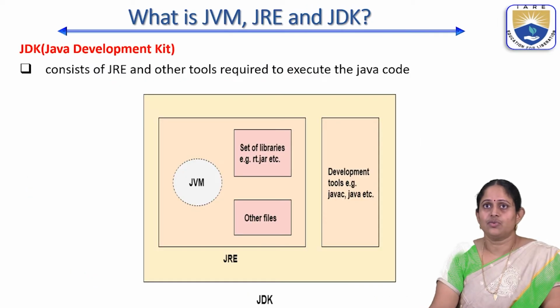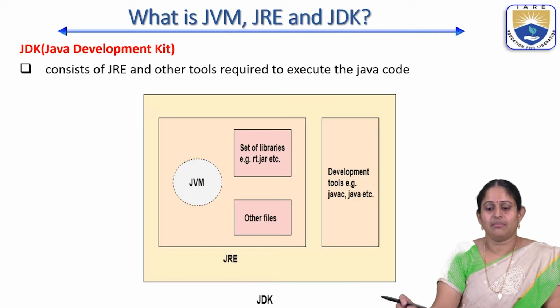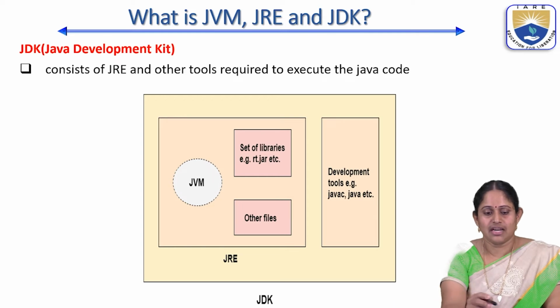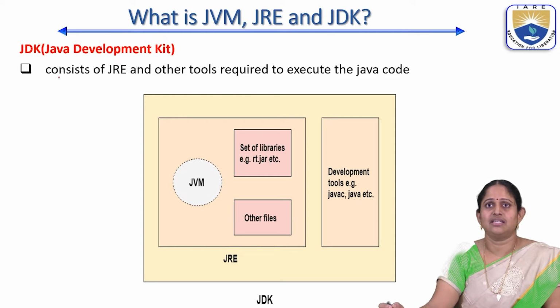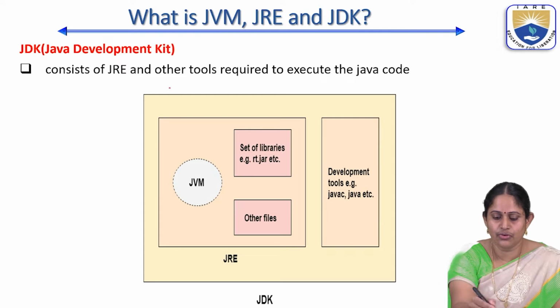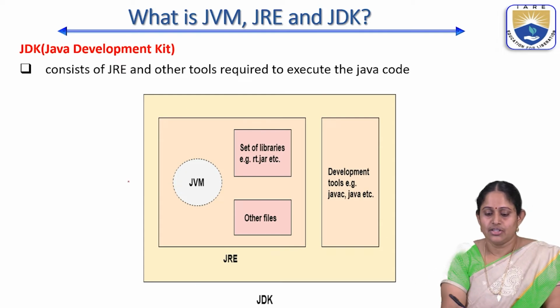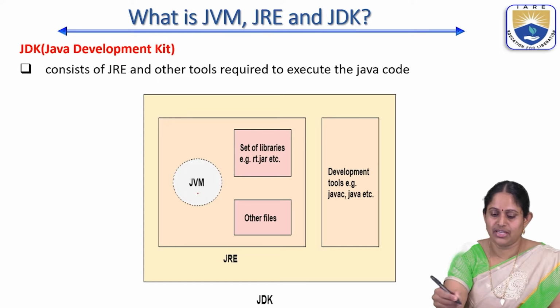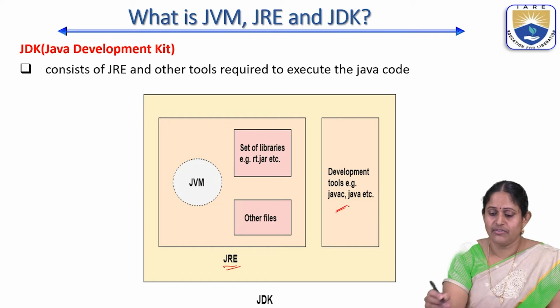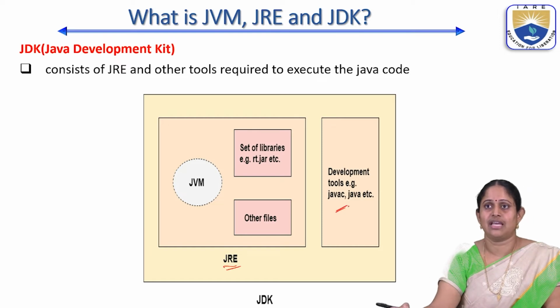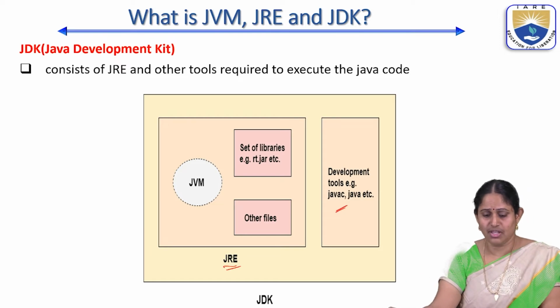Now let's look into JDK, JVM, and JRE. JDK means the Java Development Kit. So this full thing together forms the JDK. Inside the JDK we have the JVM, the JRE, and other files which can be used for the compilation and execution of the program.